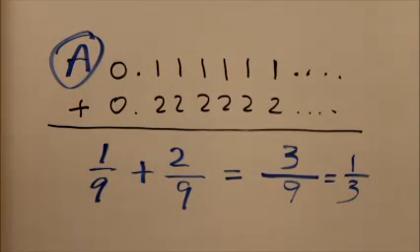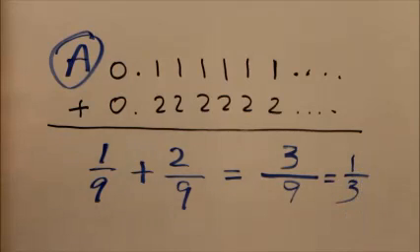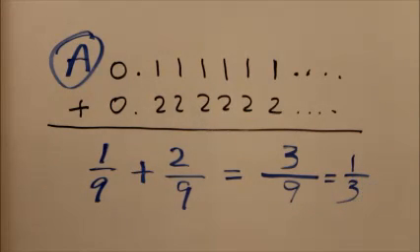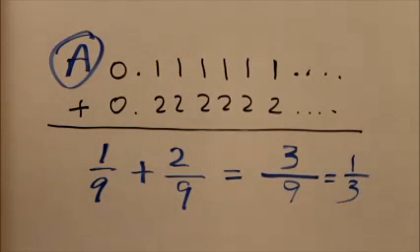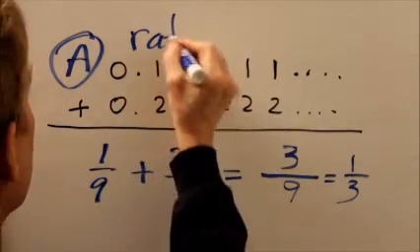And we know that that's a rational number because, once again, 1 is an integer, 3 is a positive integer, and it's a ratio. That's where the term rational number comes from.